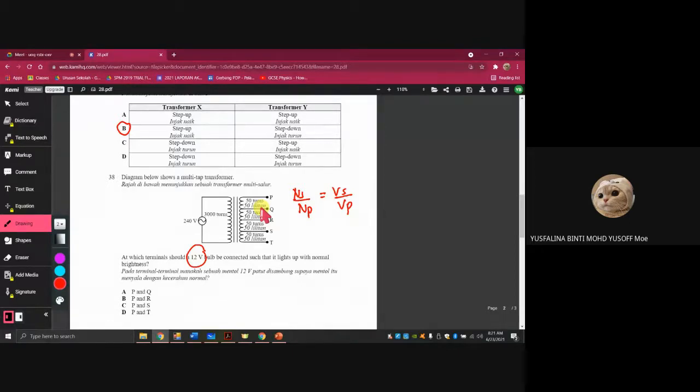Teacher, shouldn't it be VP over VS? It's the same, it doesn't matter. You can still get the answer as long as you use the same ratio. If you use the secondary to primary ratio on this side, then the other side should also be secondary to primary.